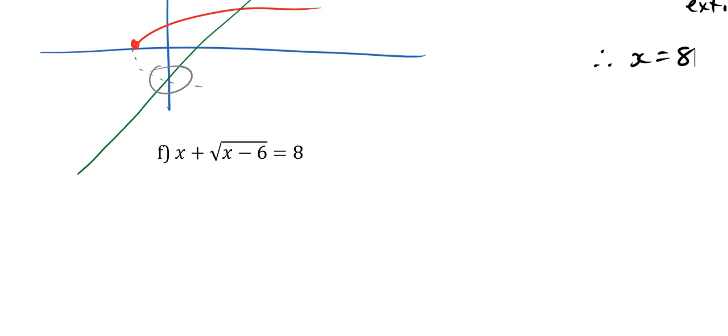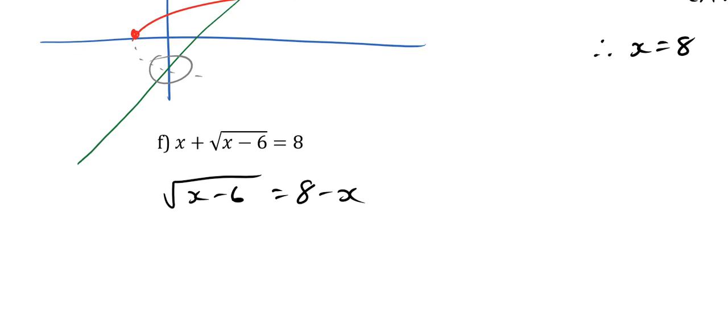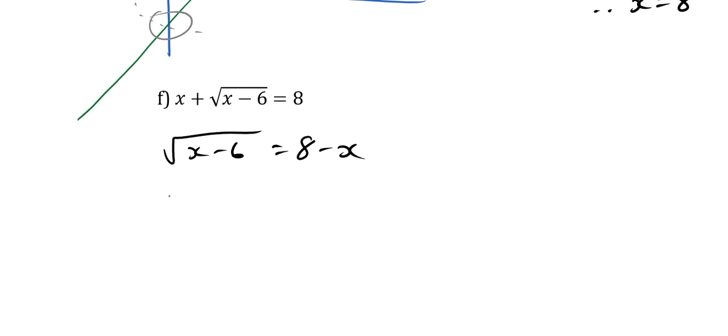And I could imagine that even a question like this is one that could cause somebody issues if they forget that you have to move the x over to the other side. Okay, and from here I'm going to square both sides.